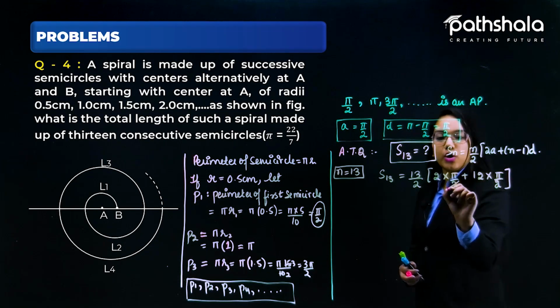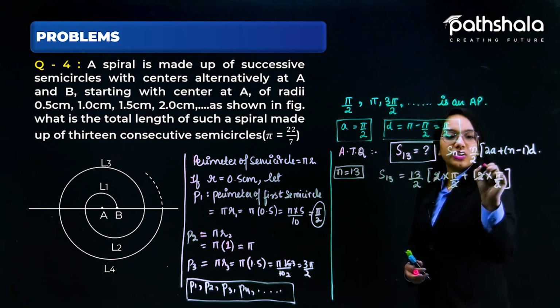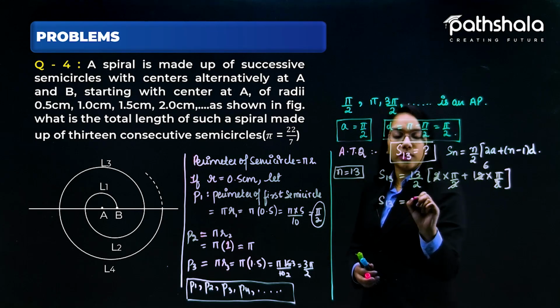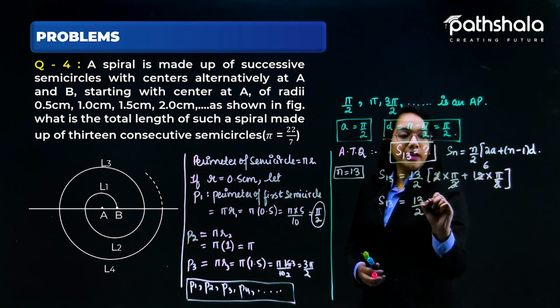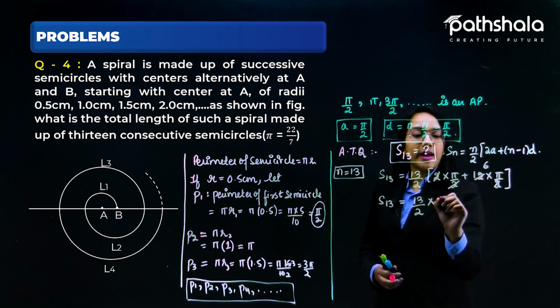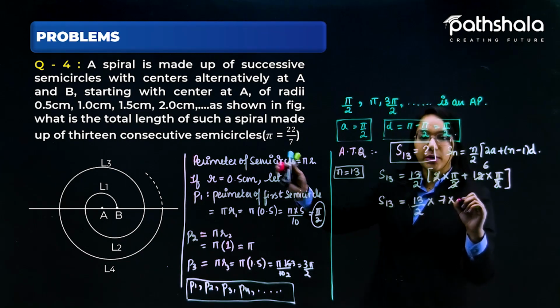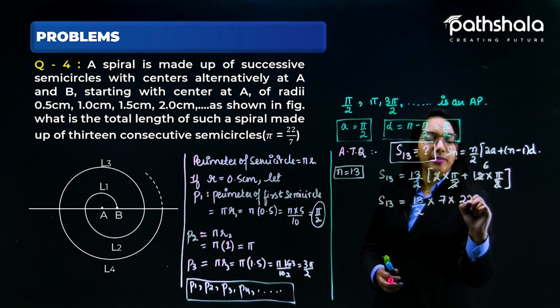Now let's sort it out. 2 and 2 get cancelled, and 2 into 6 is 12. So we are getting S13 equal to 13/2 into pi plus 6 pi, that is 7 pi, and we are using the value of pi as 22 by 7 because it is already mentioned to us.